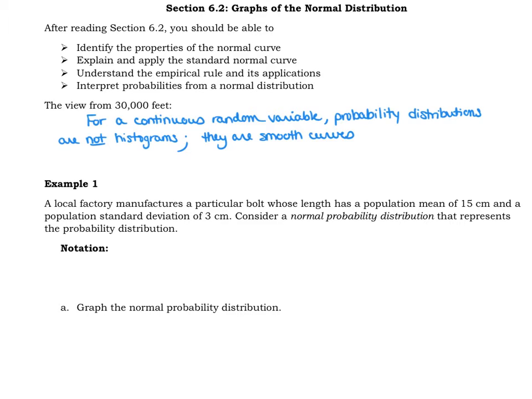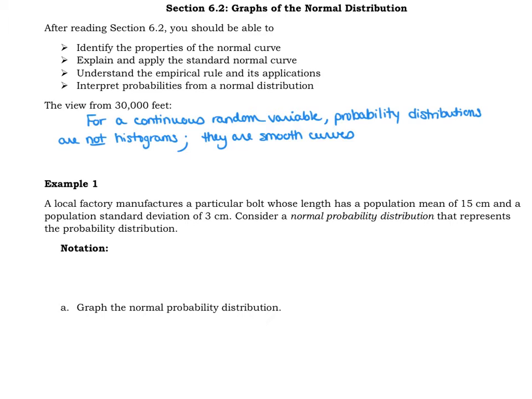All right. So we're starting into the chapter 6 and chapter 7 units. Chapter 6 is dealing not with discrete random variables, which is what we did in chapter 5. We had those probability distributions: what is the likelihood of one person, two people, three people, whatever, having a certain characteristic? In chapter 6, we're going to talk about continuous random variables.